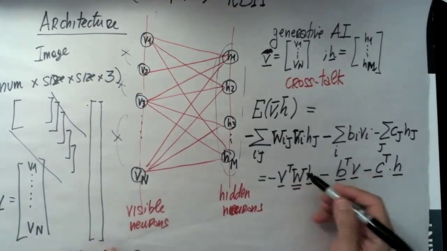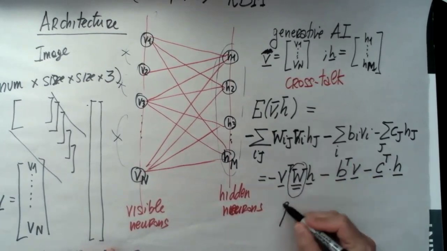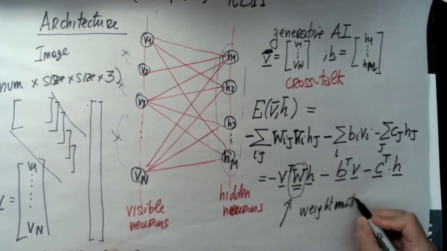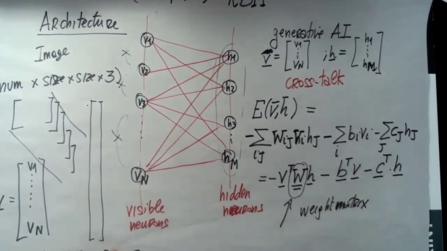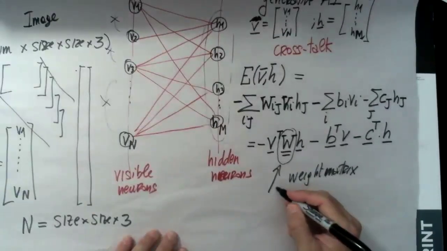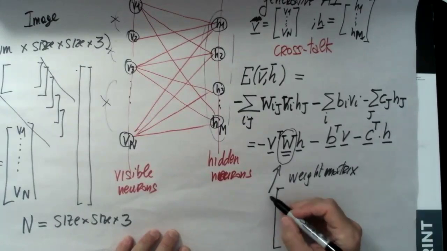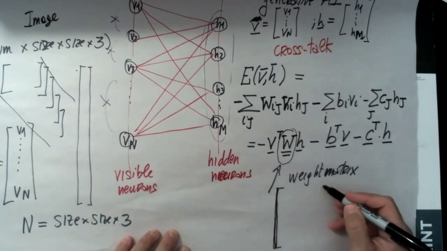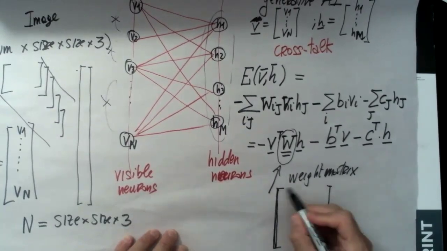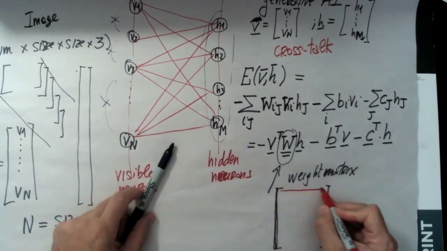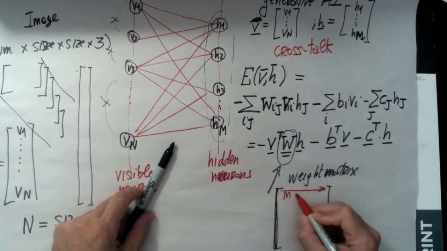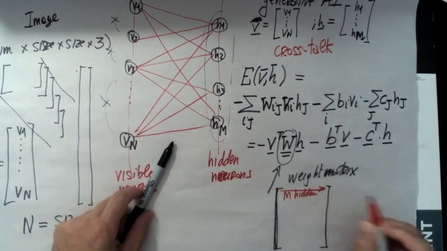And the important role is played by this weight matrix, which is going to have the following size. Here we have the number of visible nodes, N, and here we have the number of hidden neurons, M, the hidden dimension.